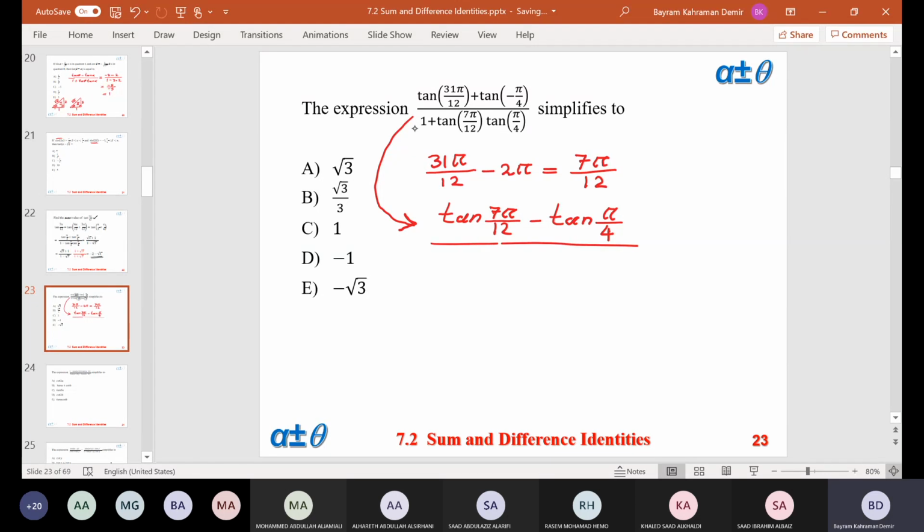Divided by 1 plus the multiplication of tangent of 7 pi over 12 multiplied by tangent pi over 4. Now this is a tangent formula, right? It's tangent of 7 pi over 12 minus pi over 4, exactly.